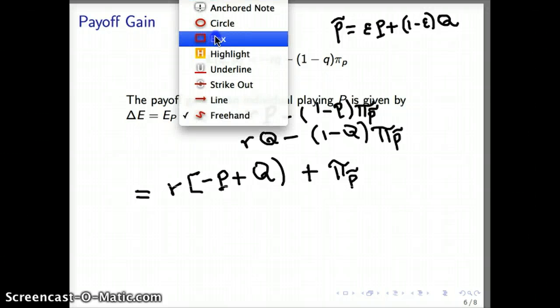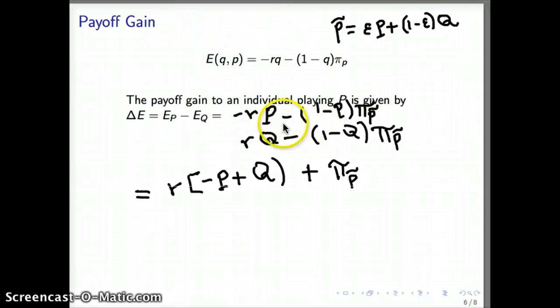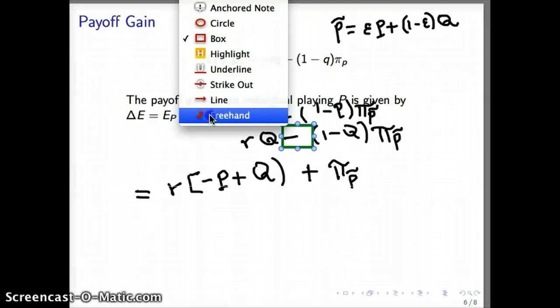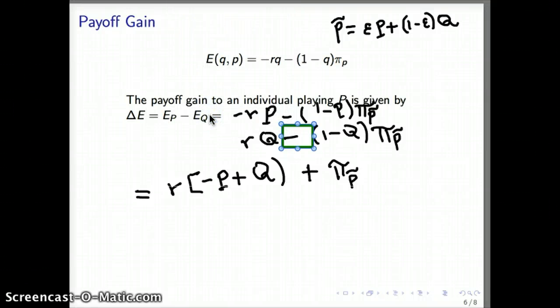You have to look at something in here: this negative sign has to affect this, in fact. So that is supposed to be a plus sign.